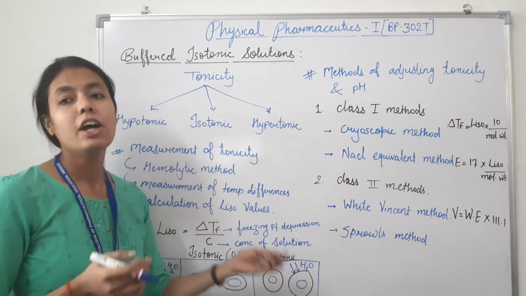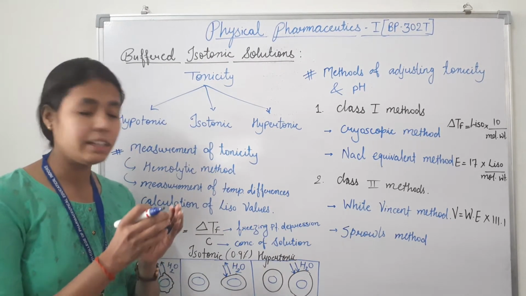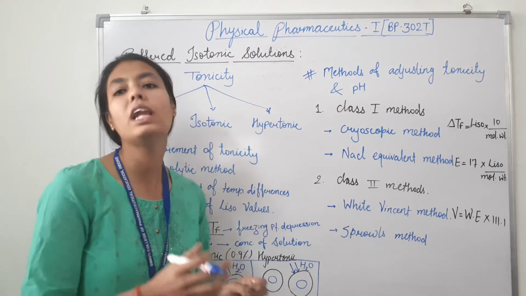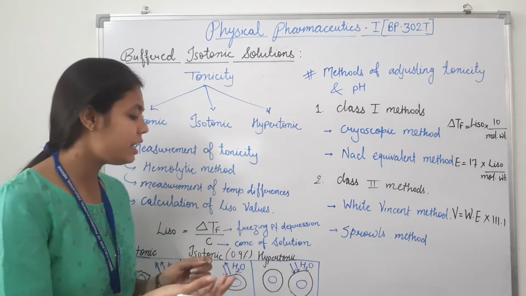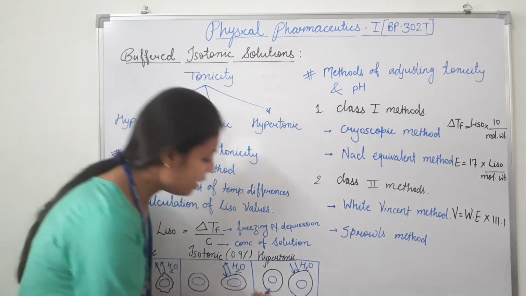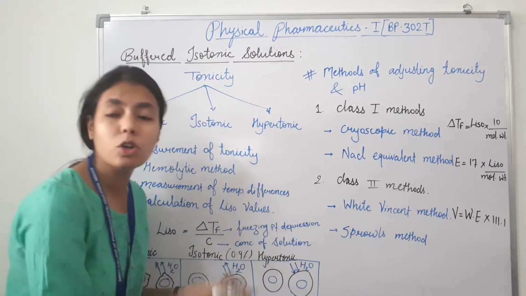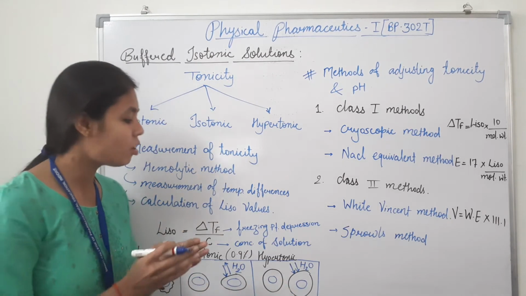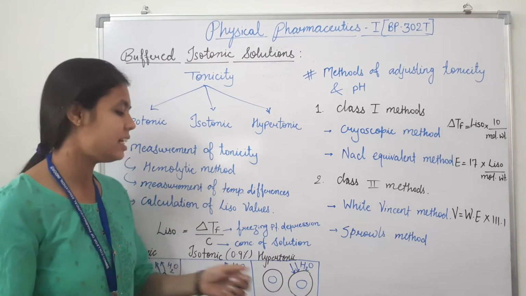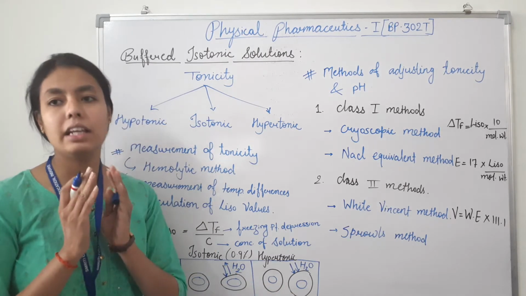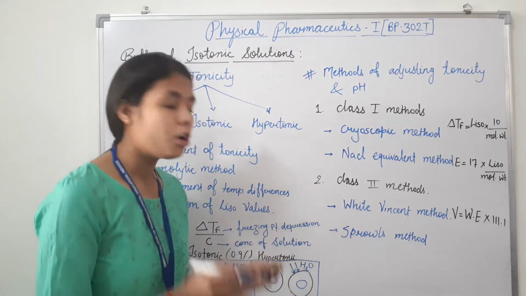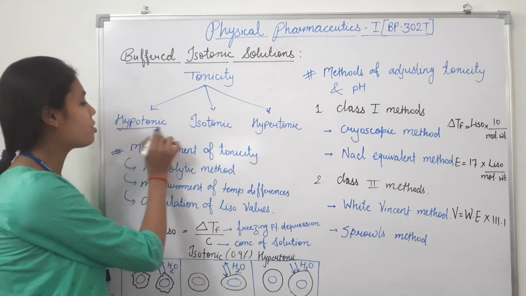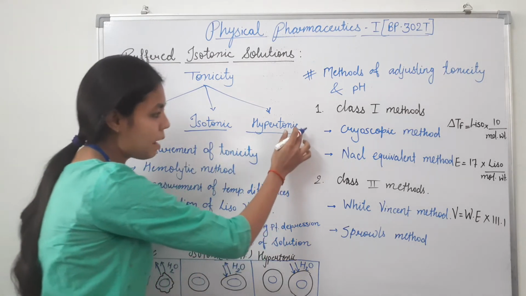In this case, the chances of hemolysis or cell lysis increase, because whenever an excess amount of water comes into the cell, the chances of cell burst increase, and this is the cause of hemolysis. So this is the introduction of hypotonic, isotonic and hypertonic solution.